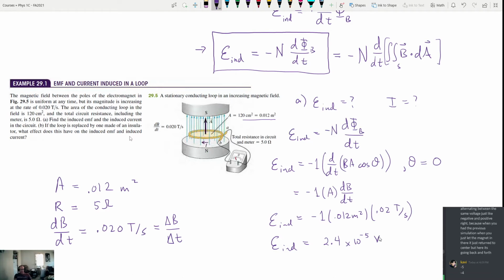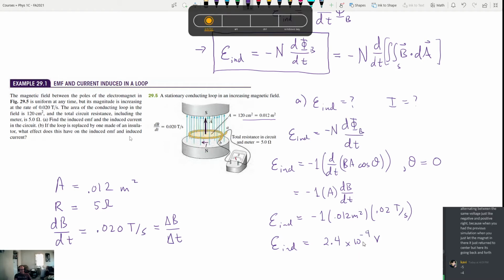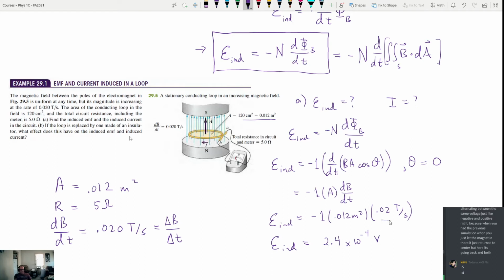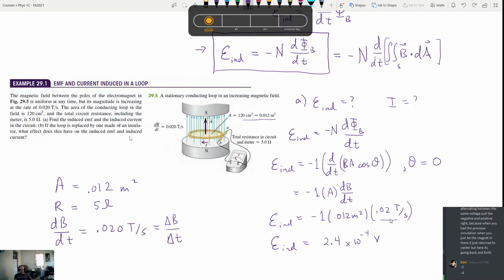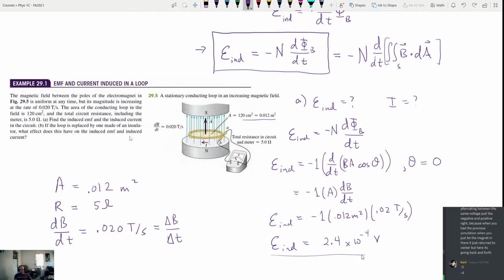Yeah, it's negative 4. I agree. Okay. So a very small amount of EMF, but the rate of change here isn't very high, and the area of the loop is kind of low. You can see that as the area of the loop goes up, the EMF induced gets bigger, and as the rate at which the magnetic field is changing goes up, it also gets bigger. Okay, any questions about that?